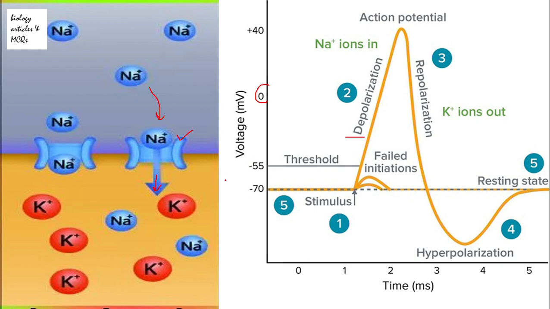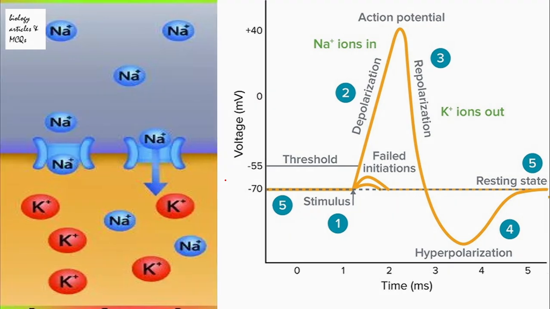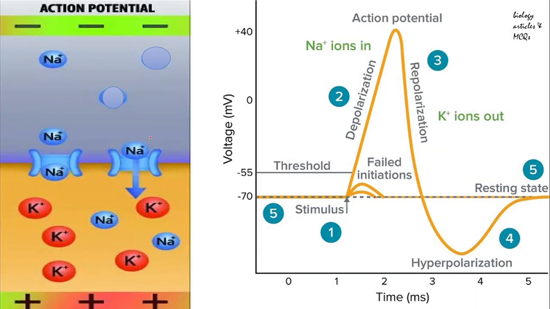After the depolarization stage, the next step will occur, and now the voltage gated channels of the sodium ions will open. As they are named voltage gated channels, they will sense that whenever the voltage is 0 millivolts across the plasma membrane, they will open and then transport the sodium ions from their high concentration towards their lower concentration.